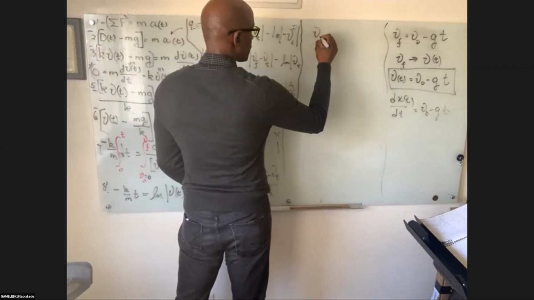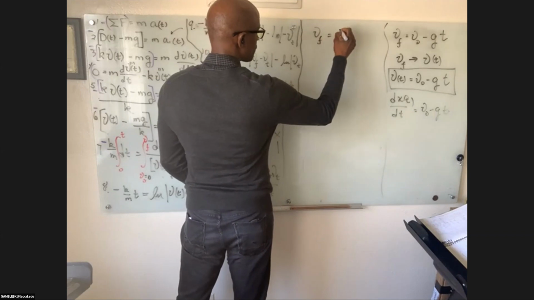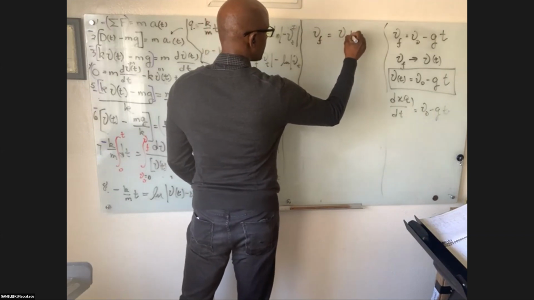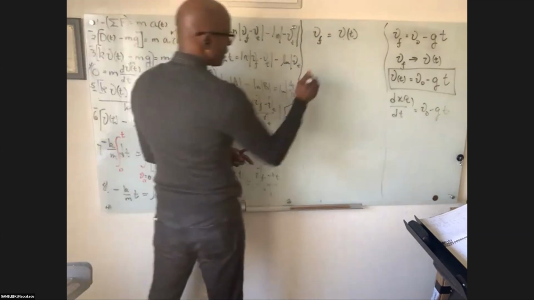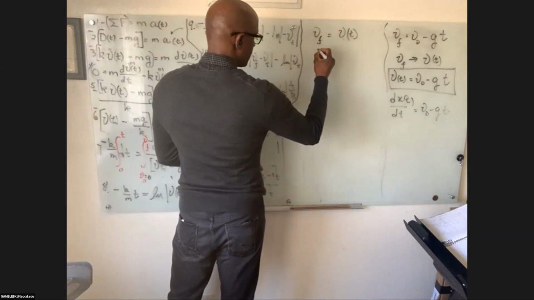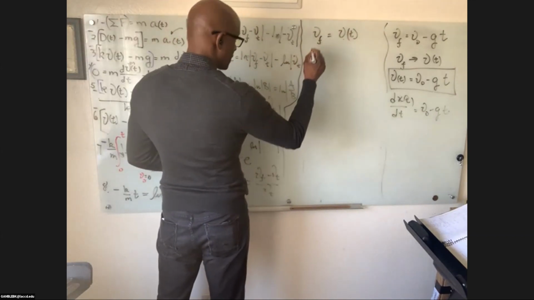The v final could be at any arbitrary time, so it's really just v of t. I didn't want to throw that in and confuse you, but it's just v of t in general.